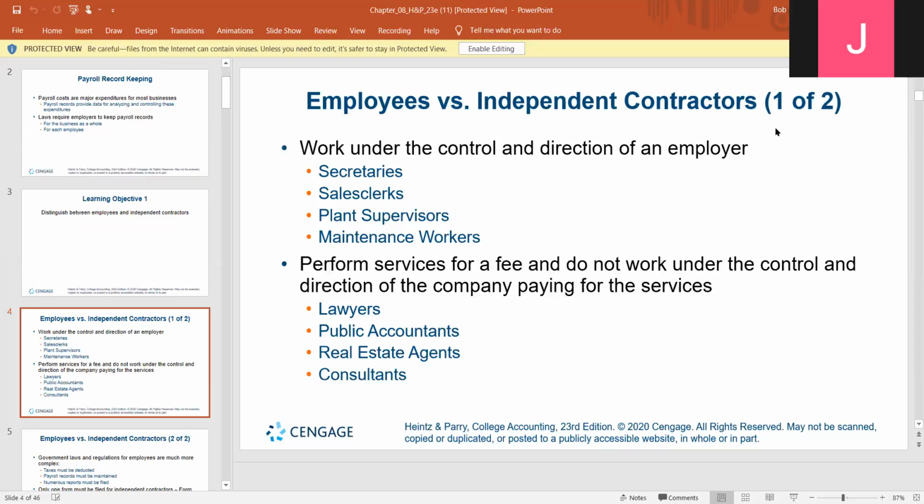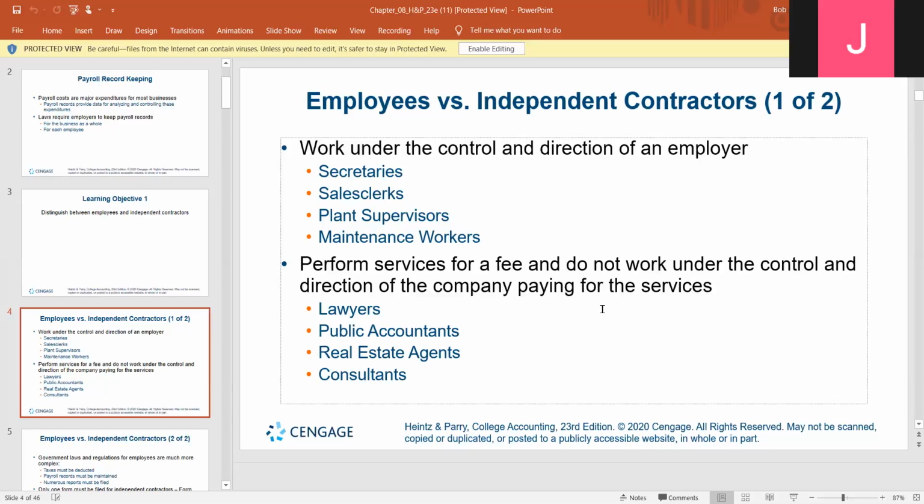Employees work under the control of the employer. They're sales clerks, plant supervisors, accountants, lawyers maybe, who work for a company. Independent contractors are different. They perform services for a fee and do not work under the control of the company.